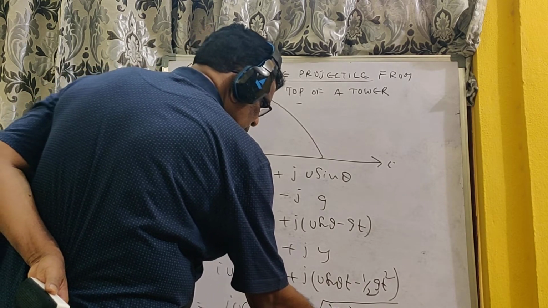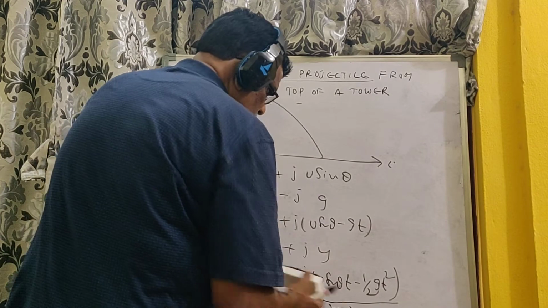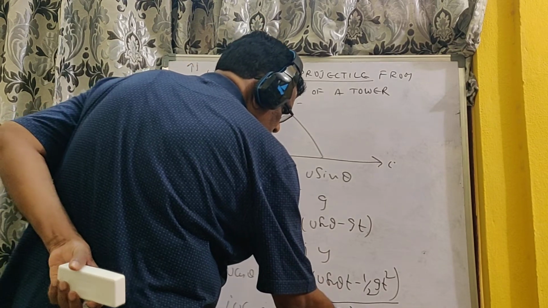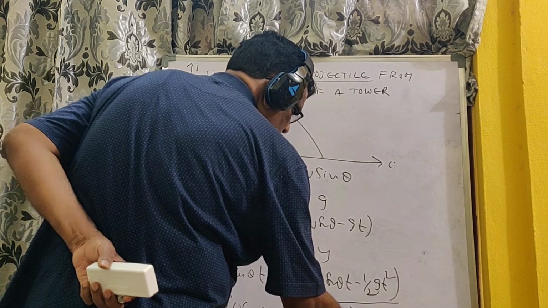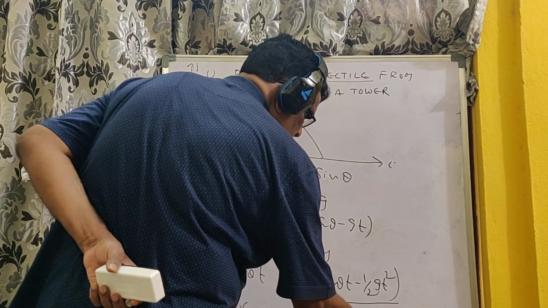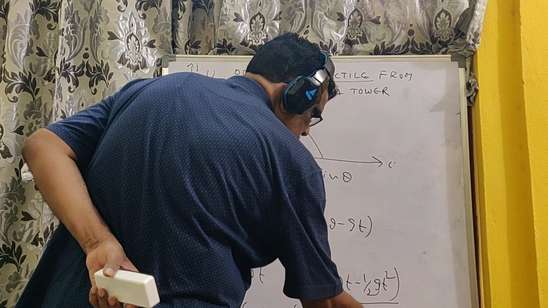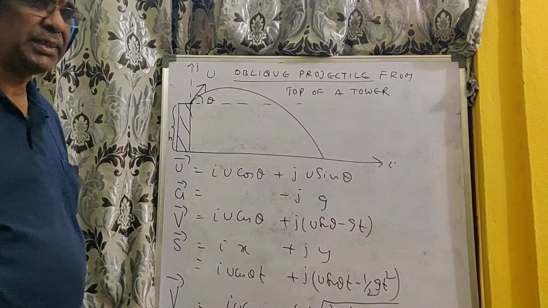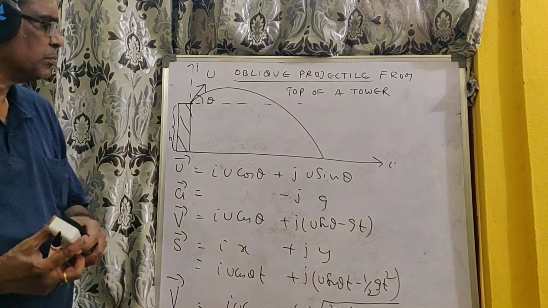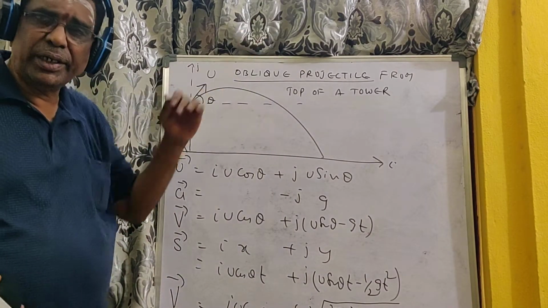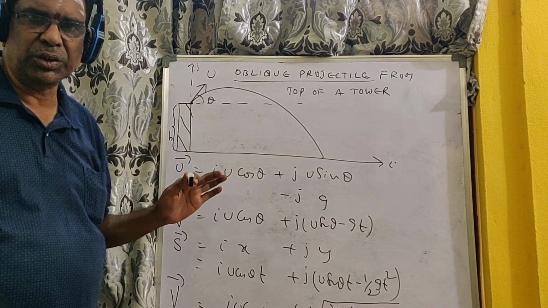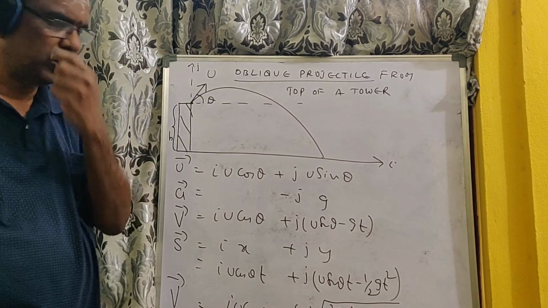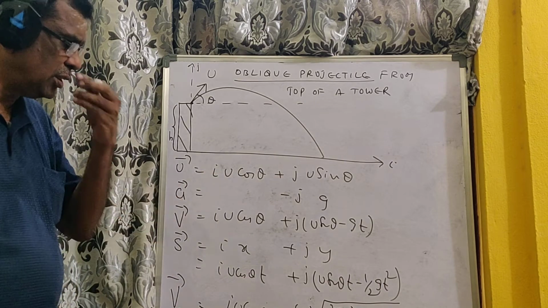Be careful about plus or minus for y. If it is above the point of projection, I put y positive. If it is below the point of projection, I put y negative.